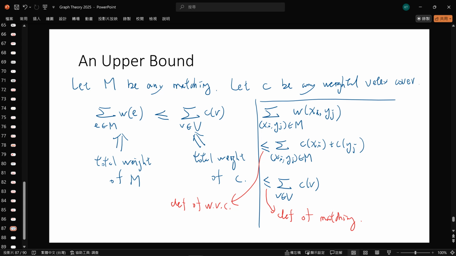So this is certainly less than or equal to the summation when we consider all the vertices in the graph. And that's it, so that's a proof. In this proof, we use the assumption that the weighted vertex cover can cover every edge, and the property that edges in the matching do not share endpoints.